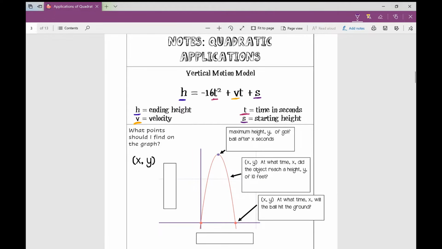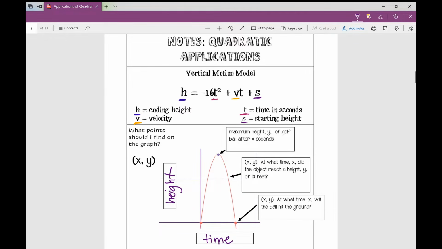So one of the big questions I get is what point should I find on the graph? So here's an example of a quadratic graphed on a coordinate plane. Most of the time you will see height versus time, but you always want to make sure that you know what everything represents.